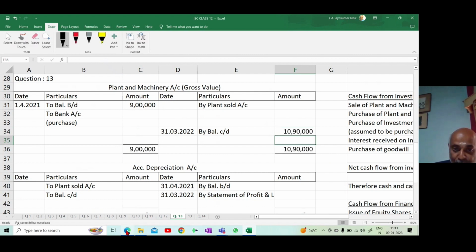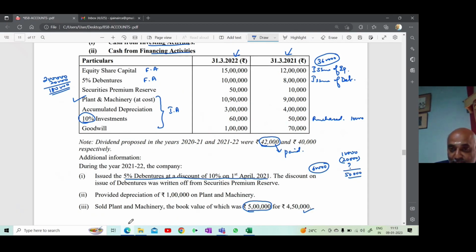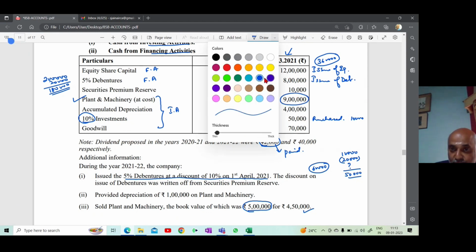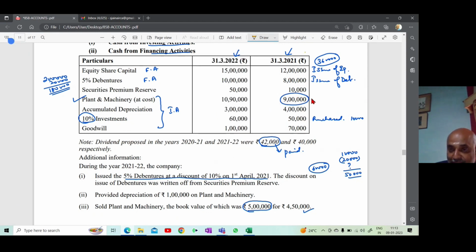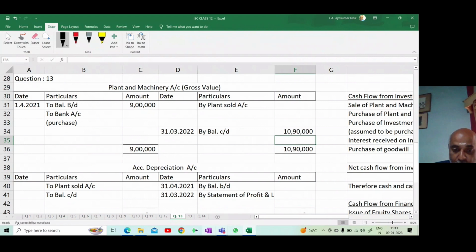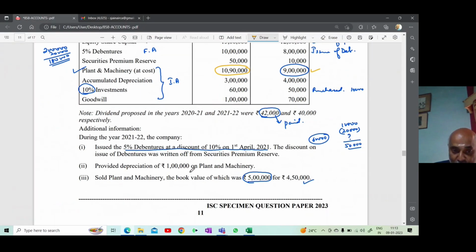So I repeat, asset account will always have a debit balance. Opening balance is 9 lakhs and closing balance is 10 lakh 90,000. So that's what I have entered here. Now I am going to read the adjustment. I know that book value of the asset sold.